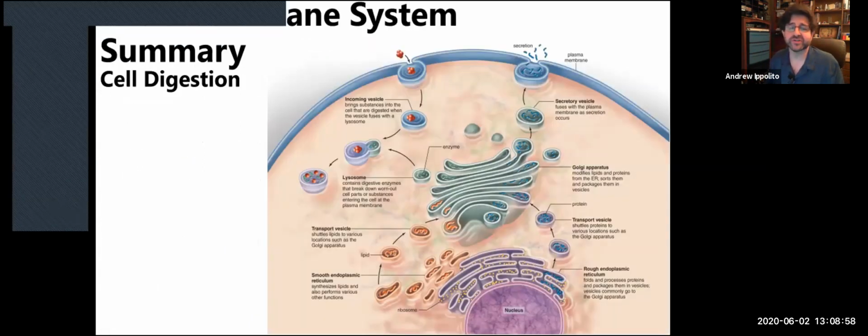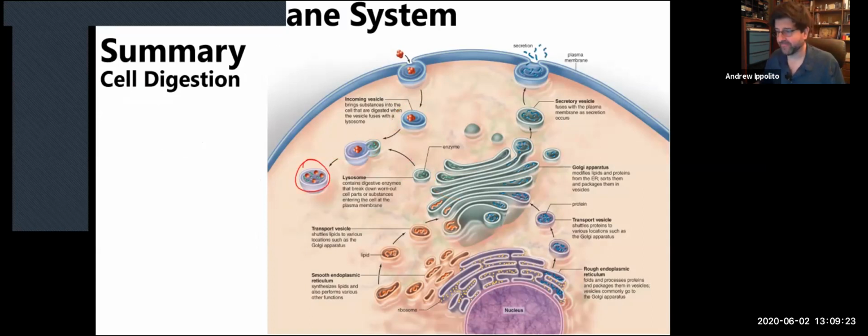All right, so here's the summary of the endomembrane system. You can use this for your own studying. Here's a secreted protein pathway, so here's something going out, and you can see here's a little food particle coming in, so here's your food vacuole. Here's the lysosome budding off of the Golgi, fusing with it to break it all down.